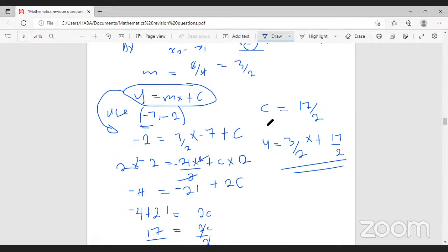And finally, our c was 17 over 2. Then we came back to this equation. Y is now, our m is 3 over 2, 3 over 2x plus 17 out of 2. Yes.